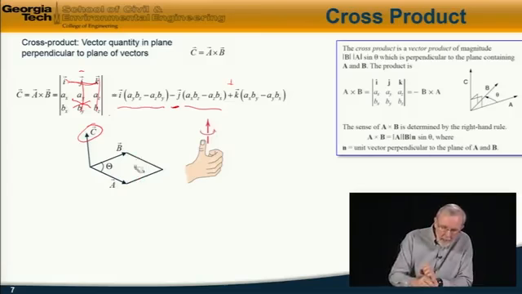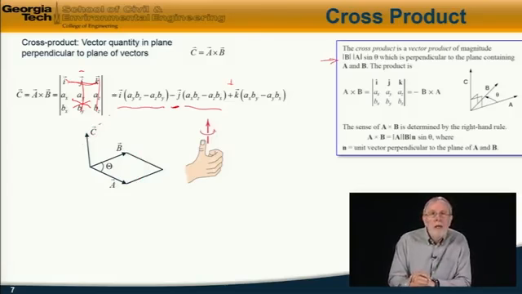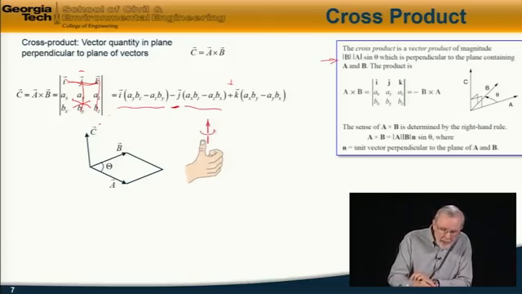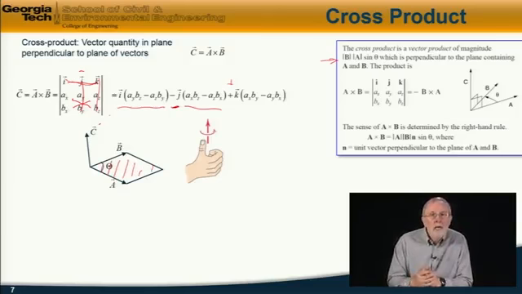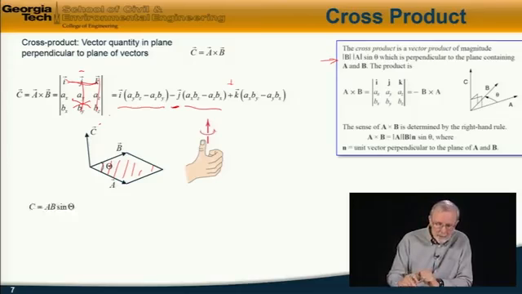And physically, the magnitude of the cross product here is given by AB sine theta. But AB sine theta is simply the area of the parallelogram between those two vectors. So the magnitude of the cross product is the area of the parallelogram formed by the two vectors, from which we can see right away that if those two vectors are parallel to each other, the cross product is 0.